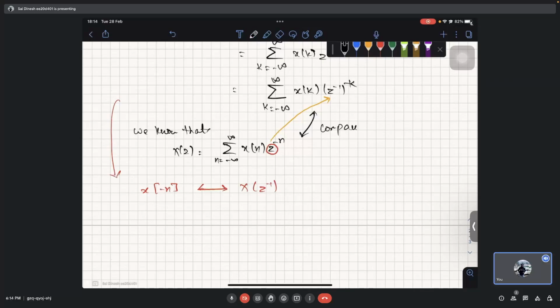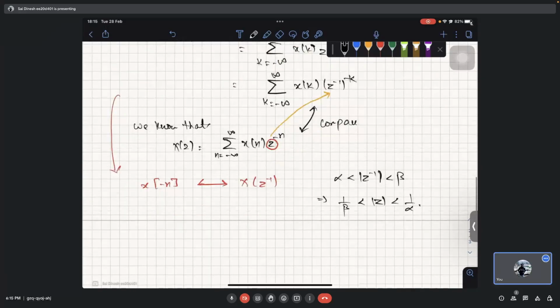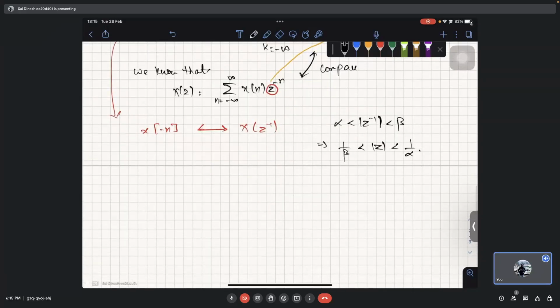Again, the ROC is also of the form alpha less than |z^(-1)| less than beta, which implies 1/beta less than |z| less than 1/alpha. So this is for the x(-n).